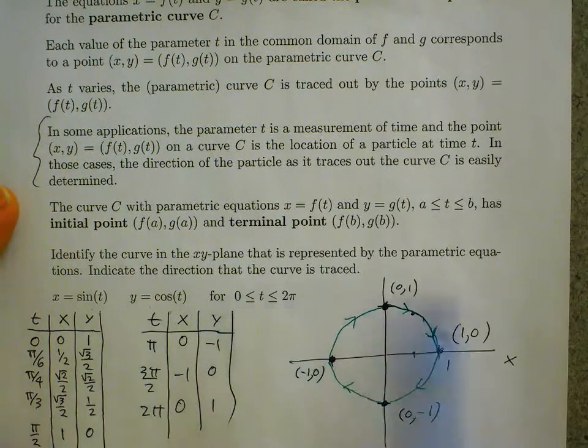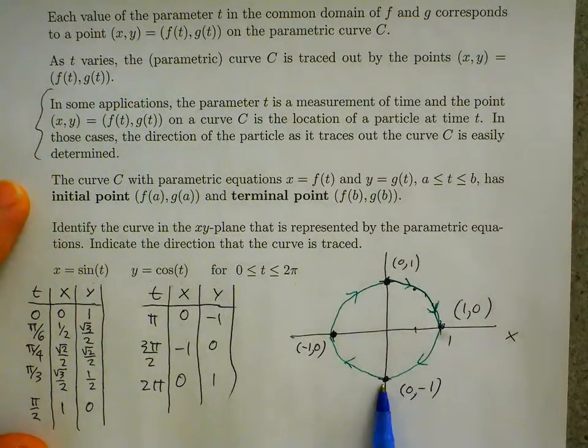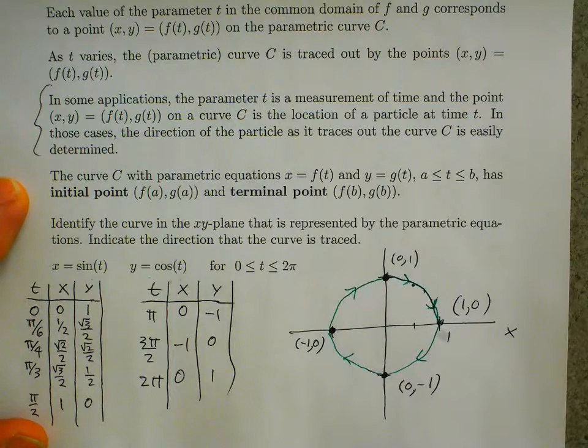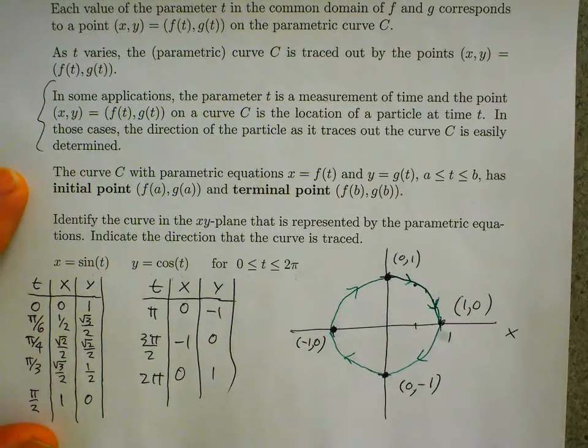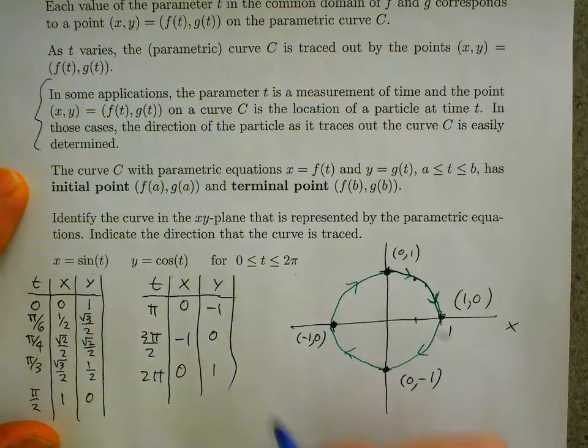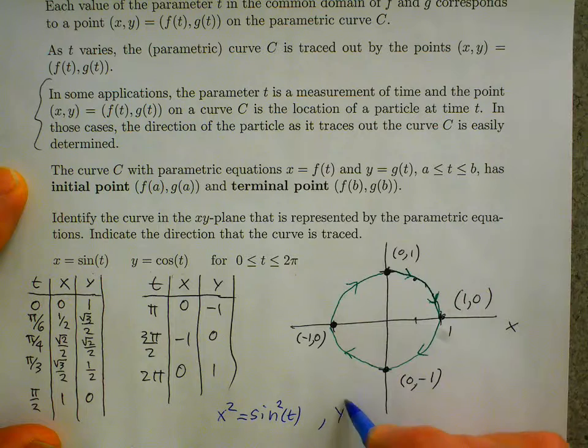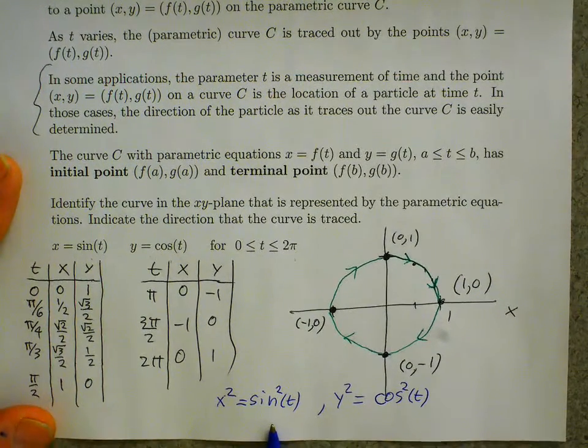This problem doesn't ask for a Cartesian equation, but I'll go ahead and write down an equation for this curve in terms of x and y. So note that if we square x, x squared is equal to sine of t squared. And if we square y, we get y squared equals cosine of t squared. And one of our Pythagorean identities, sine of t squared plus cosine of t squared equals 1.